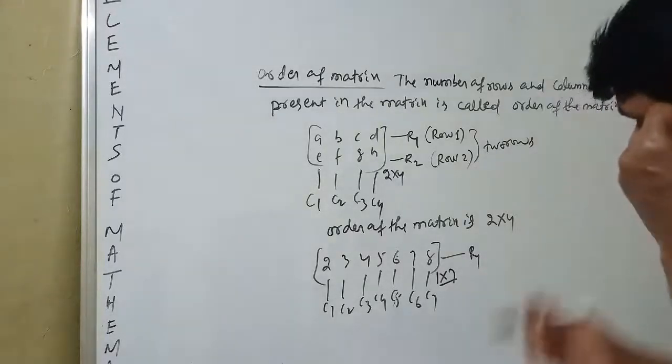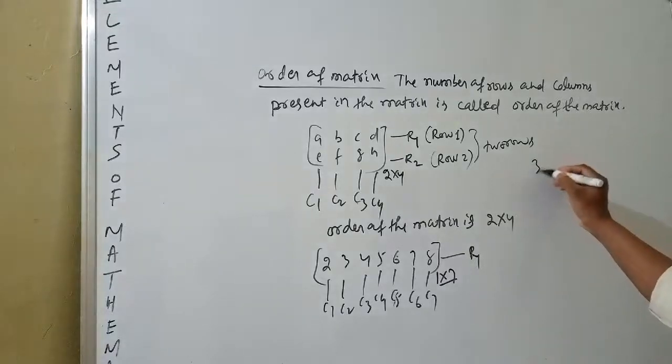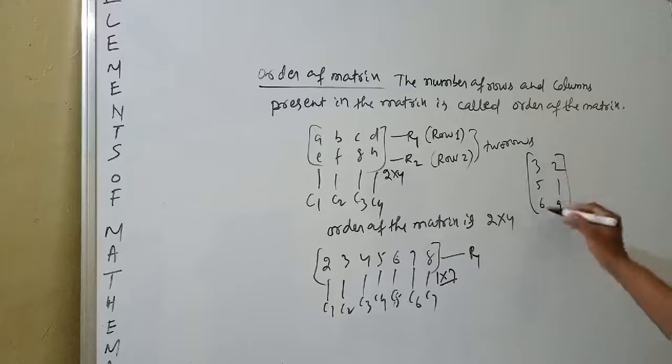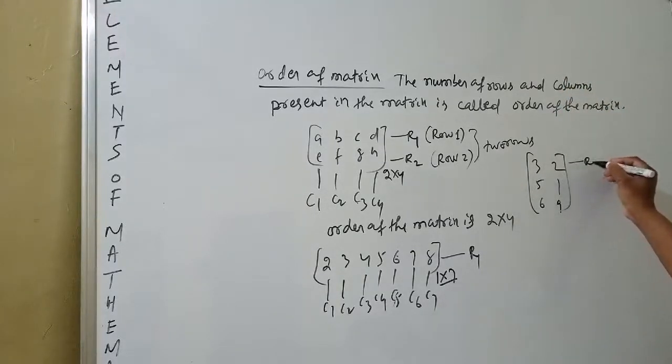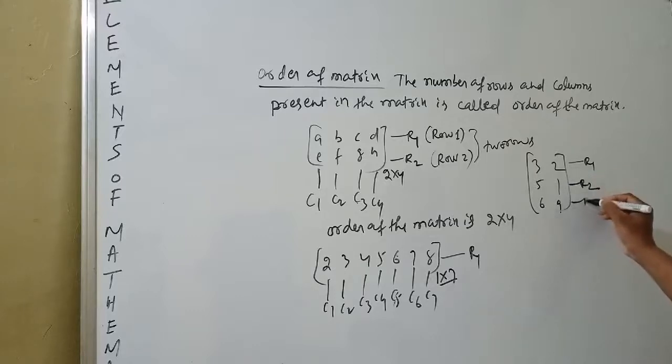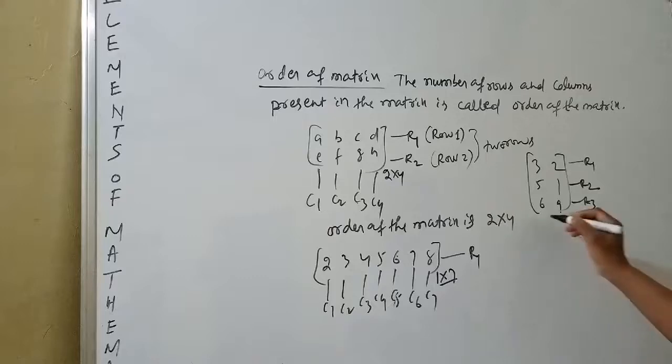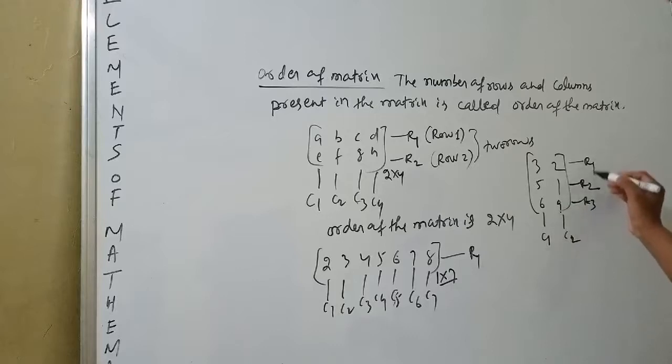Similarly, suppose I write 3 2 5 1 6 9. Matrix means we have to keep it within a square bracket or a round bracket. What is the order of the matrix? This is R1, R2, R3. The matrix consists of 3 rows and 2 columns, C1 and C2. We write the row first.